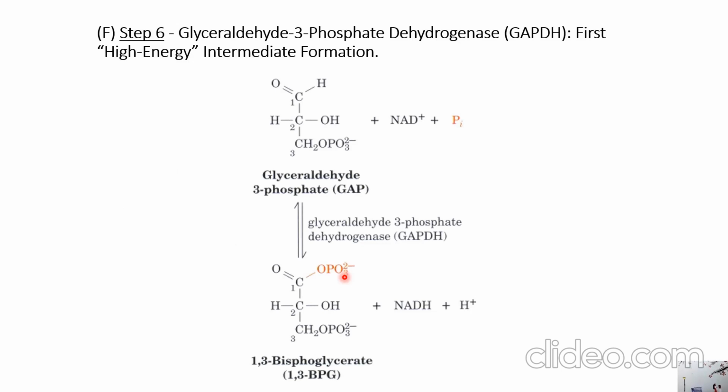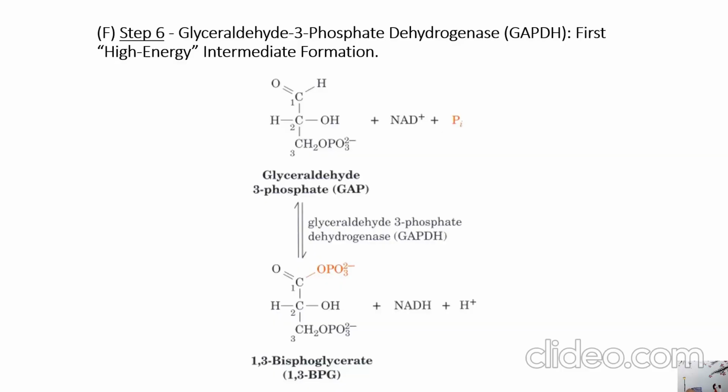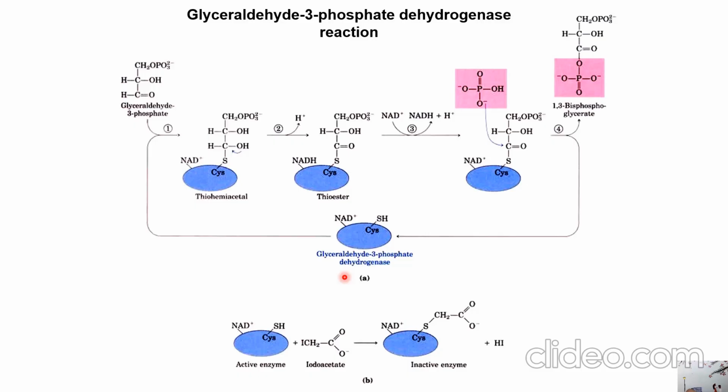And step 6, glyceraldehyde 3-phosphate dehydrogenase is the first high-energy intermediate formation. You can see 1,3-bisphosphoglycerate at the bottom of the slide, which is being converted from glyceraldehyde 3-phosphate. So this is the reaction of glyceraldehyde 3-phosphate dehydrogenase.